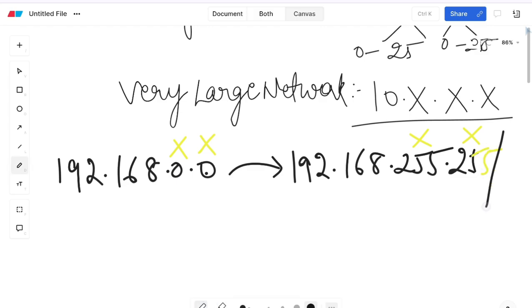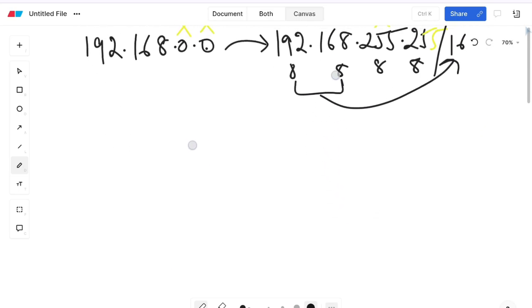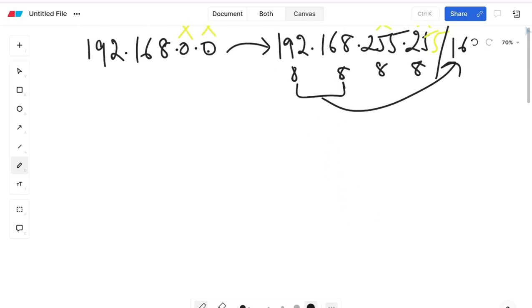Let me change the color. So the fixed part is 16. If we do the simple calculation, 8 bit, 8 bit, 8 bit and 8 bit, fixed is 16, so we can write it as a 16, right? Now looking at the above number, let's create another range, basically 192.168.1.0. So what we are doing is we have fixed one more number here.